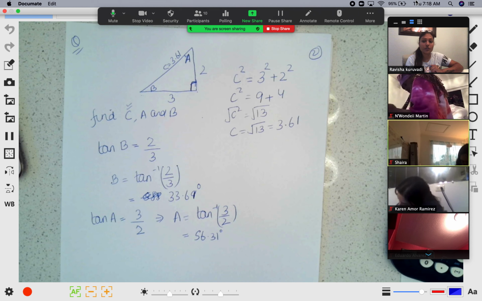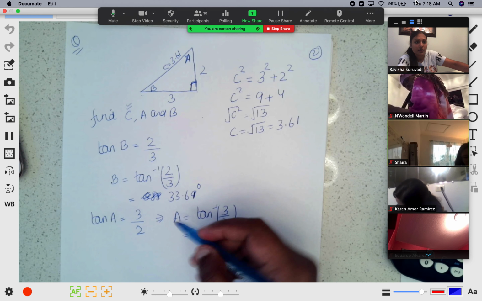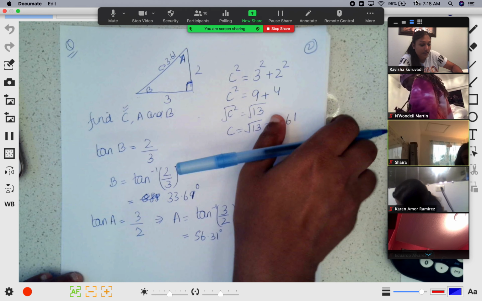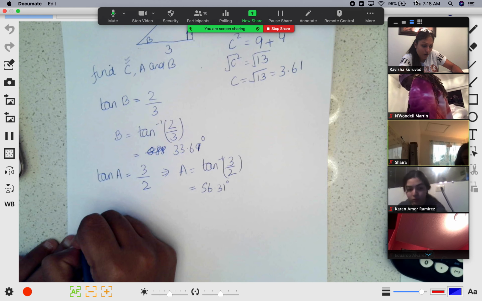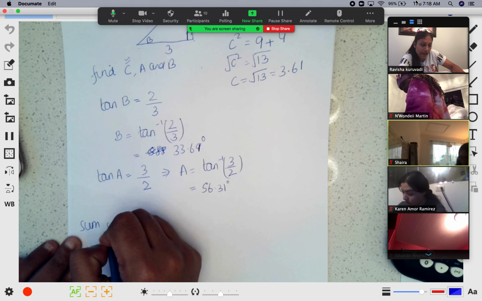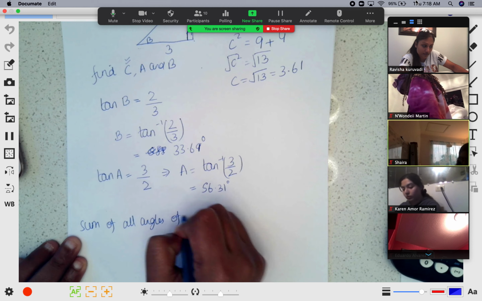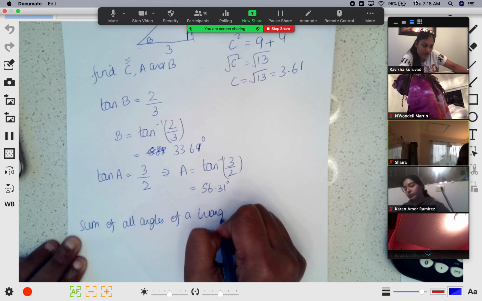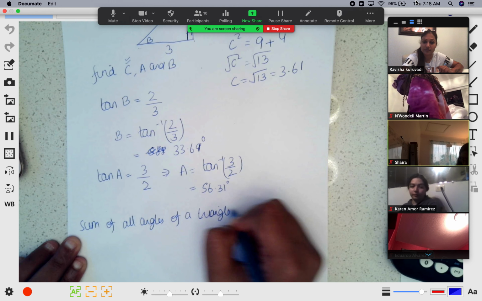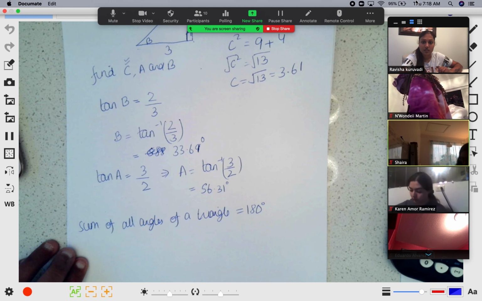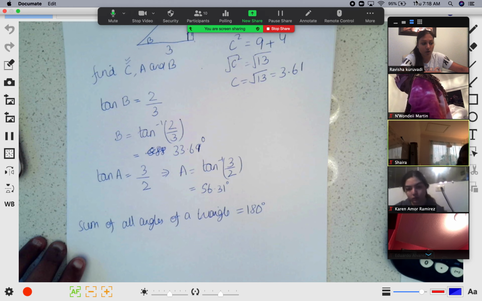The other thing you can do is, this is also good what you did, but there is one more property here. Sum of all angles of a triangle is always equal to 180 degrees. So if I wanted to do this problem here, I would have done it the same way also.